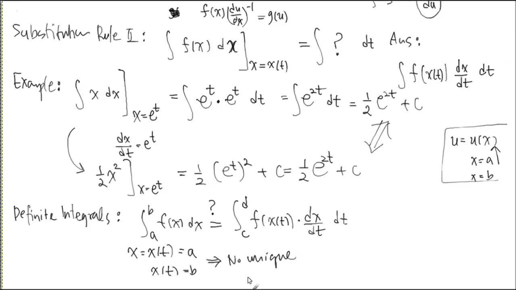So what condition again guarantees this unique value of c and d that matches this one? It is the one-to-one property of that substitution x of t. So when you're doing this with substitution rule part 2, we're requiring one more condition on that. What is that condition? It is one-to-one for the values considered.